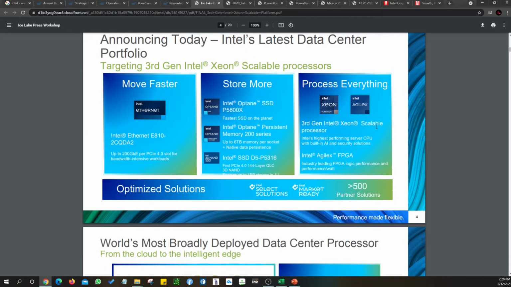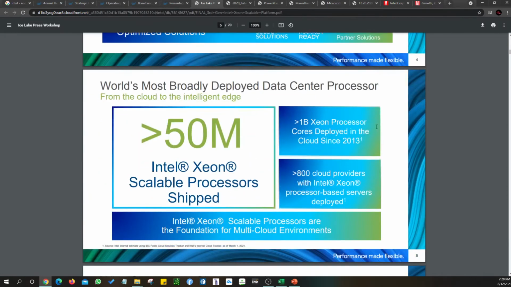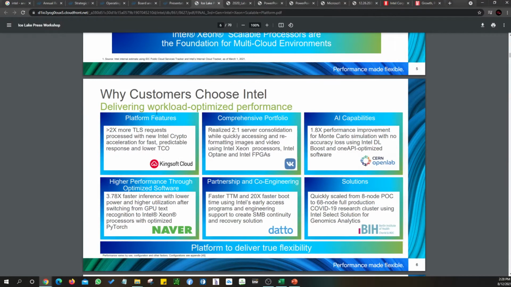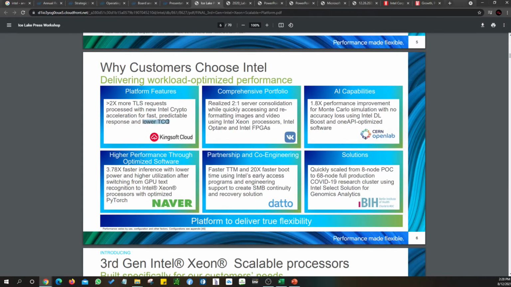So this speaks about Xeon. It delivers workload optimization, guys. If they can do optimization or lower TCO value for another company, don't you think that they do it for themselves? So yeah, this speaks a little bit on cost advantage, that they do have a cost advantage.